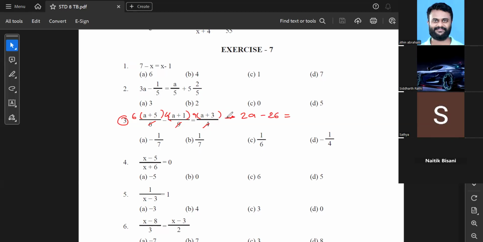Sir, why did you take only 36 and not any other number to multiply? Because it's the LCM of all three numbers, 6, 9, and 4. Okay. Here, again, I multiplied with 36, cancelled with 4. I'm left with 9. So that gives me 9a plus 3 on the right hand side. So when I did all these things directly, it saved me some time.